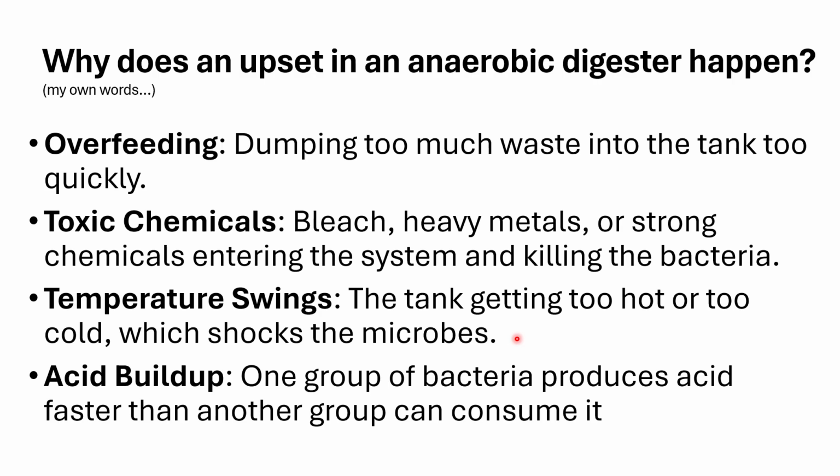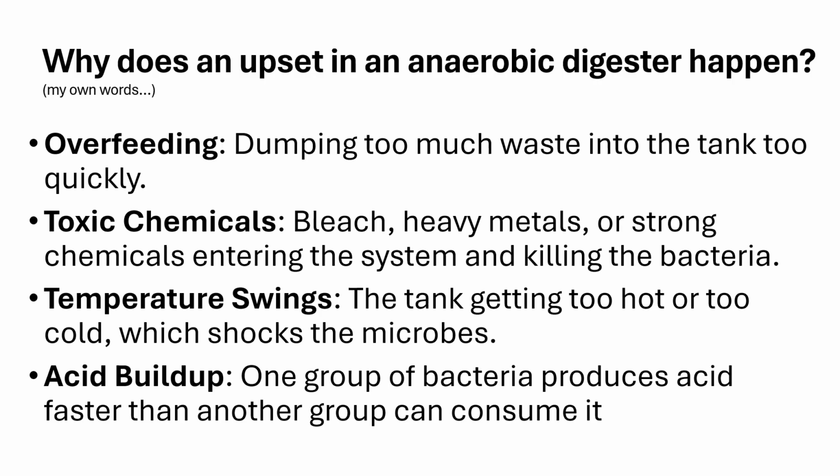The other thing is, remember I told you there's acid formers in this process? Well, if those acid formers take off and go munching away, we get too many complex organics in, and we form too many organic acids all at once, faster than the methane formers can eat those organic acids.